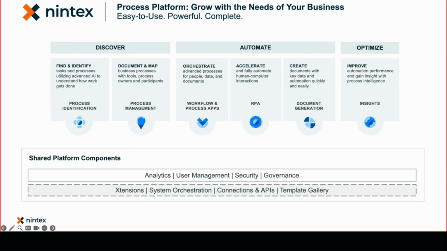Within Nintex RPA, you can automate complex rule-based tasks, freeing your team to focus on more valuable work. At the end, the Nintex analytic tools offer deep insight into your processes, enabling you to make data-driven decisions, optimize your operations, and continuously improve your business performance.